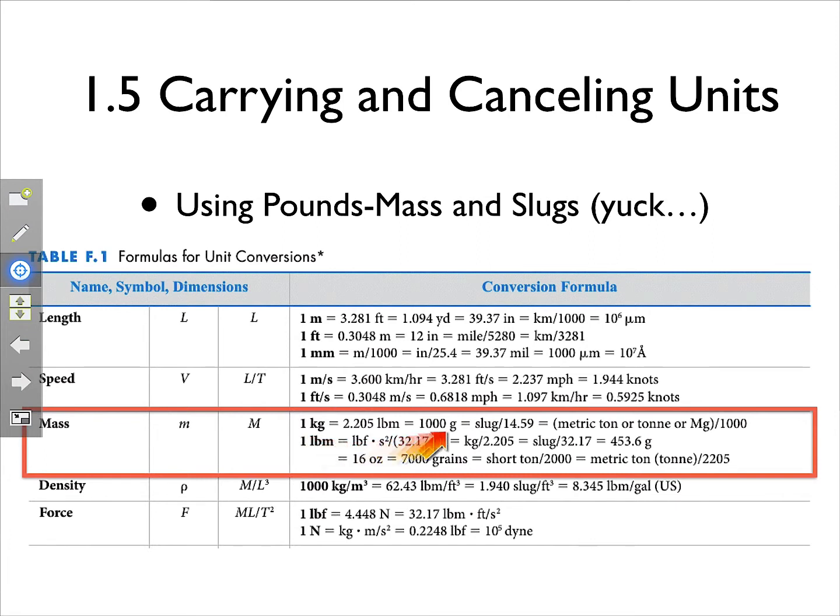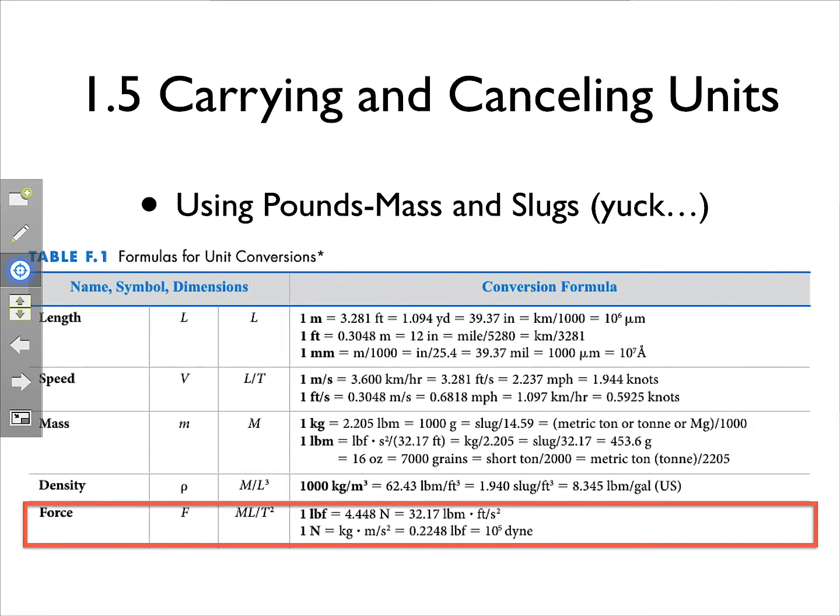If you're going to have to use slugs, you're going to use a different conversion factor from kilograms to slugs. You're going to take 1 kilogram equals 1 slug divided by 14.59. And so this is how we have to remember that slugs and pound mass are units of mass.